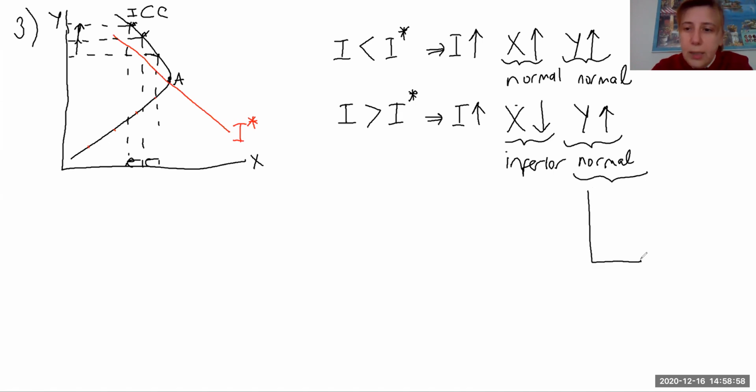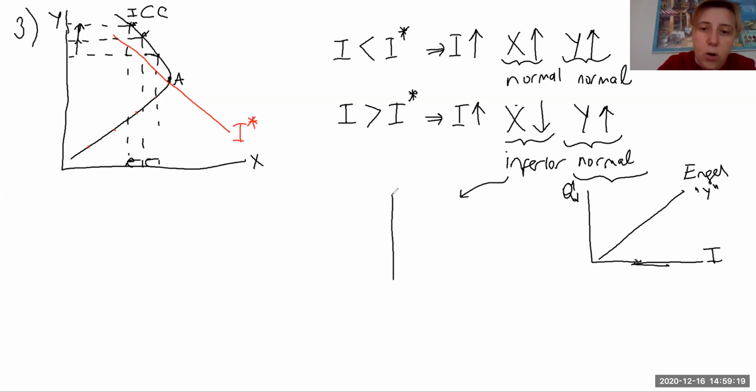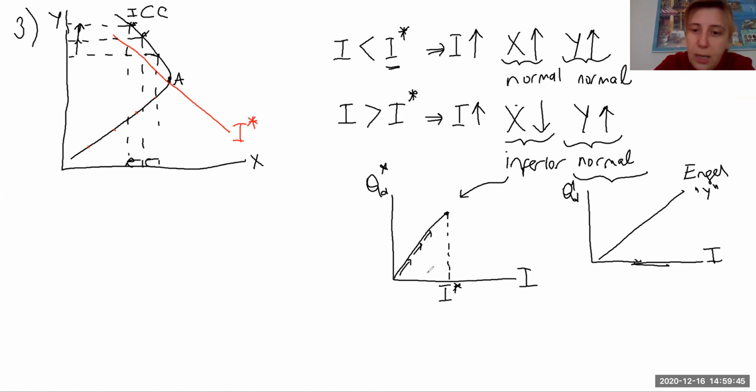The Engel curve for good X: suppose the income is here and the quantity demanded of Y here, it is always positively sloped, that is the Engel curve for Y. And for good X, if we put income on the horizontal axis and the quantity demanded of X on the vertical axis, it will start as positively sloped until the I star critical income level, which means that until that income level, while income increases, quantity demanded of X increases, but after this income level, the good is becoming an inferior good. So that is the Engel curve for good X.